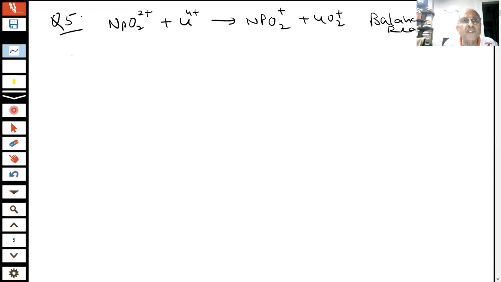Split into halves. What is this? U4+ to UO2+. How many oxygens? 2. How much water? 2H2O. How much hydrogen? These are all in acidic medium. Medium is acidic.